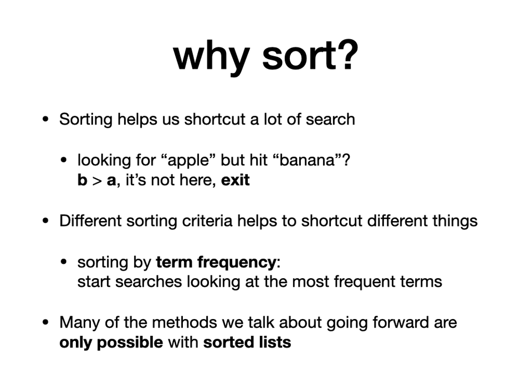So for an example of this, if I'm looking for apple, and I'm doing this linear search through the terms in my index, but I run into the word banana in the index, well, shoot, that means that apple is not likely present. I'm not going to find the word apple in the index.